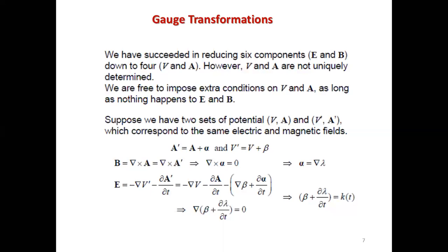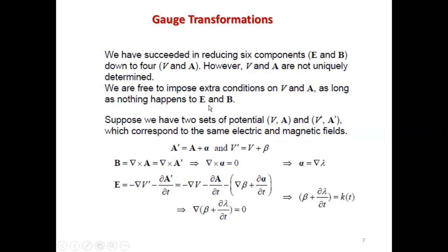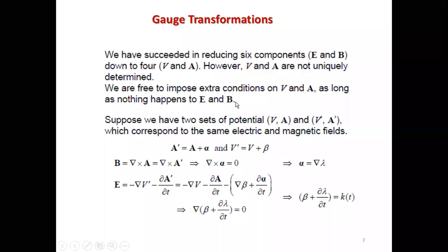So earlier we had 6 components of electric and magnetic field in the Maxwell equations, and we have reduced these 4 equations into 2 equations in terms of the vector and scalar potentials V and A. Okay, so we are now free to impose extra conditions on V and A as long as nothing happens to E and B. So you can add other conditions on V and A if there is no change in the electric and magnetic field.